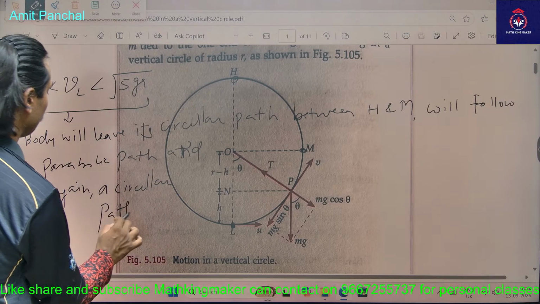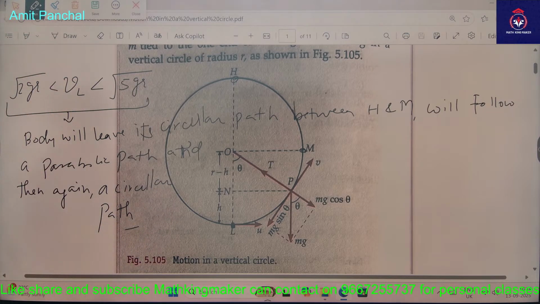So that is the special condition, just write it down.